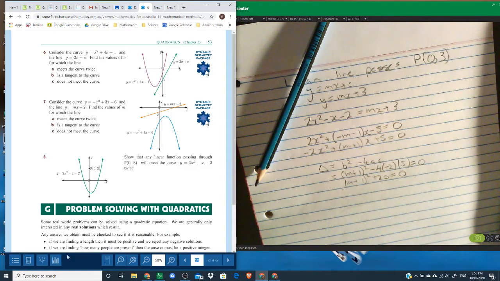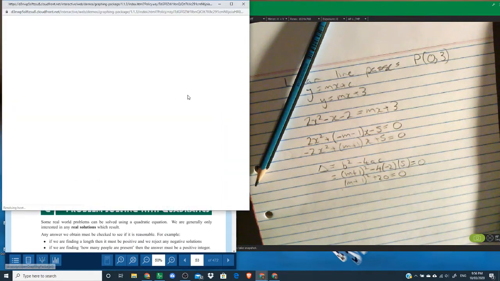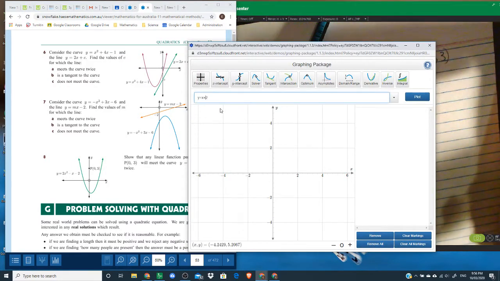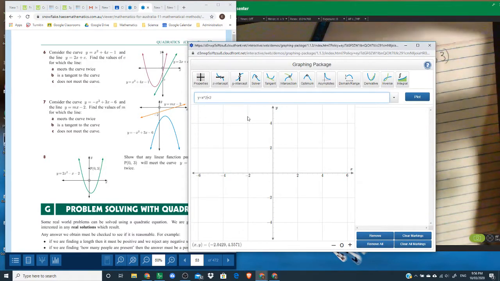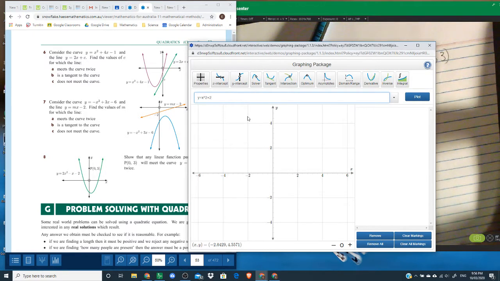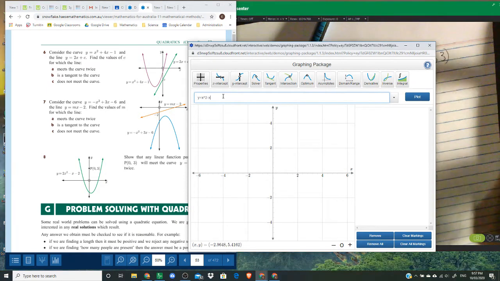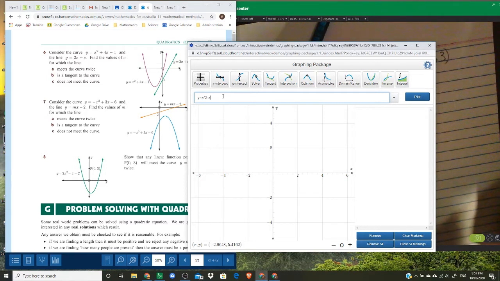The only thing I can think of is, if I graphed it, is there something wrong with that graph? y equals 2x squared minus x minus 2.